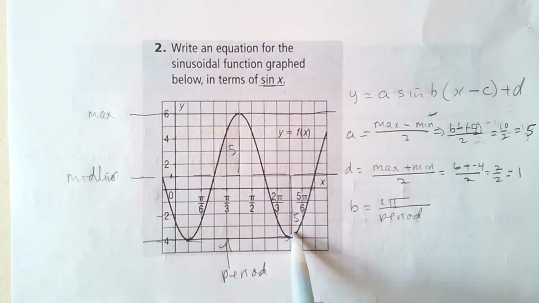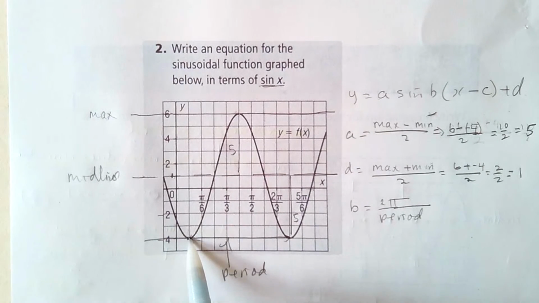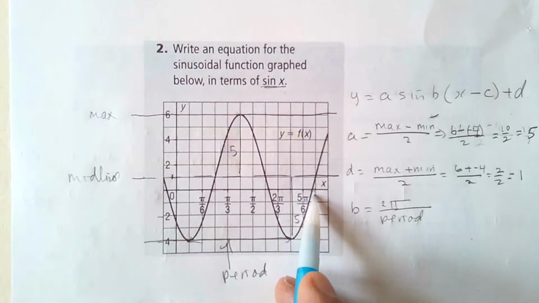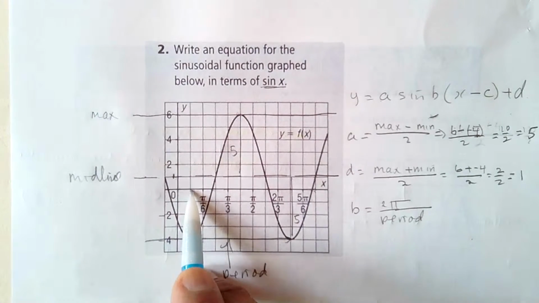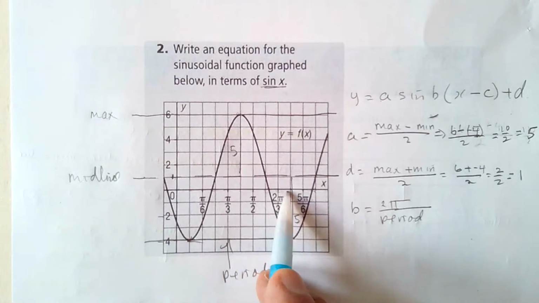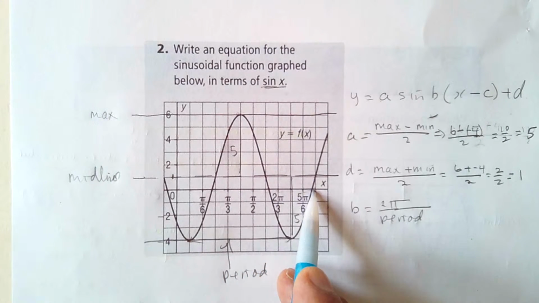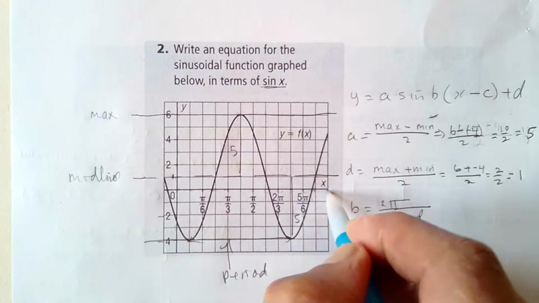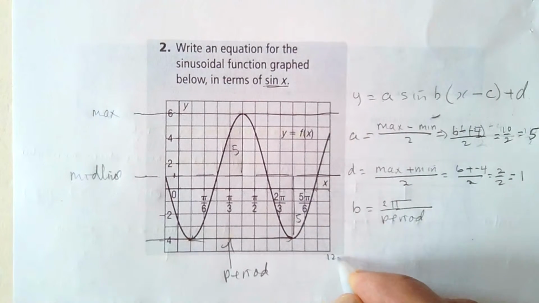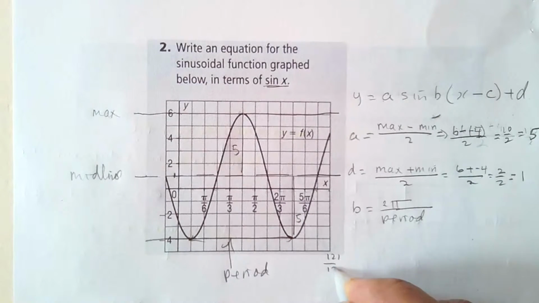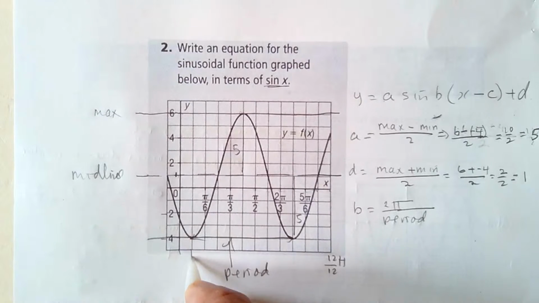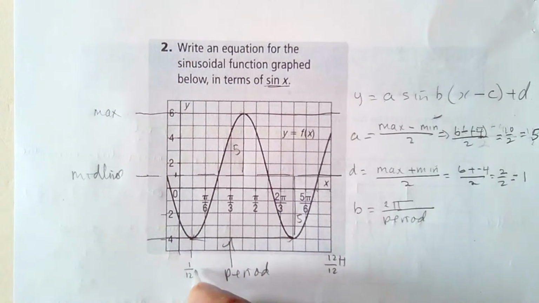If you look at this here, we have divided into 12, because this whole thing is divided into sections of 12. We have 1, 2, 3, 4, 5, 6, 7, 8, 9, 10, 11, 12. So we have a pi somewhere here, 12 over 12 pi. So each one of these grid lines is 1/12 pi.